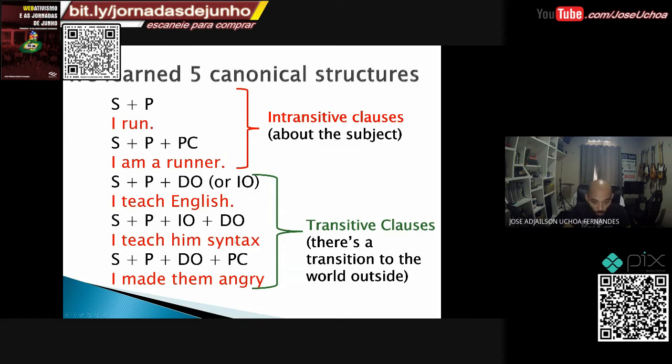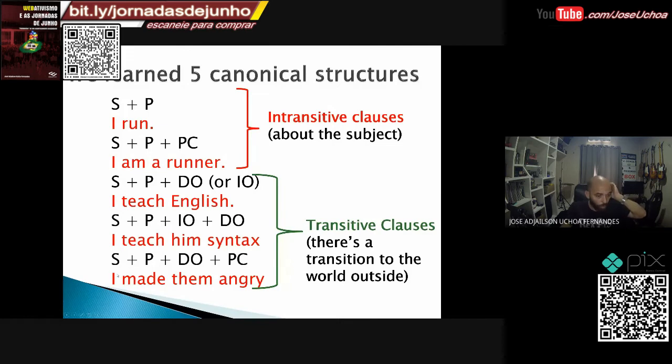Syntax is what I teach. I and syntax are directly related. I act over syntax by teaching it. Now, him is the receiver of my action of teaching, so it's my indirect object. There is a mediation between I and him caused by the transitiveness of the verb to teach.